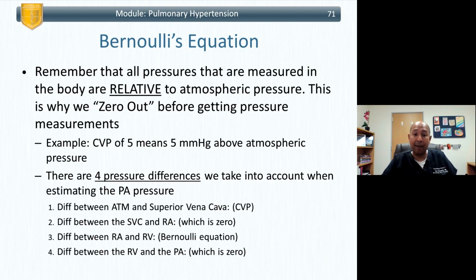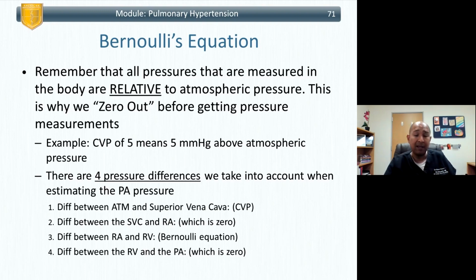It's the difference between atmospheric pressure and the superior vena cava pressure, which is the CVP. The difference between the superior vena cava pressure and the right atrial pressure, which should be essentially 0. The difference between the right atrial and right ventricle pressure, which is why we're using Bernoulli's equation. And the difference between the right ventricle and PA pressure, which I say is 0, especially during systole when the pulmonic valve is open.